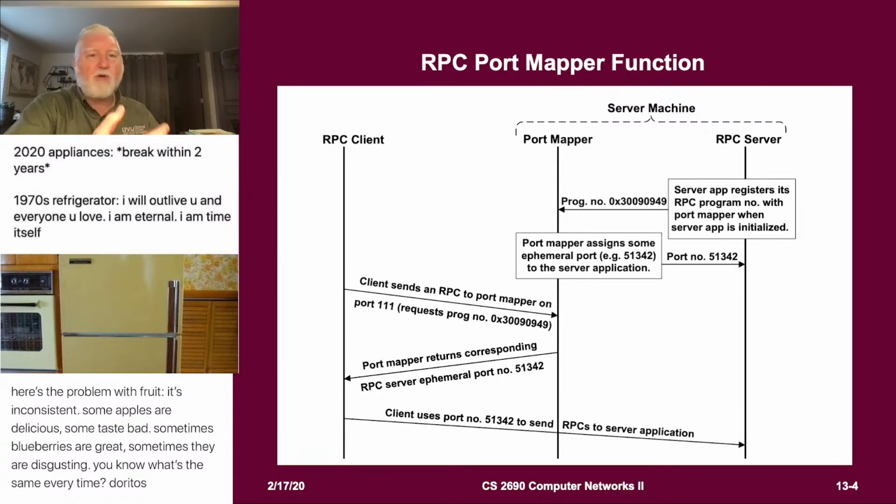I can say, here's the program I'm trying to talk to, and the port mapper hands me back a temporary port and says, use this one for this RPC call. It'll then use that, and that'll establish the connection. What you'll notice over and over again is that we just keep dealing with levels of abstraction. This is yet another way of building on top of ports with some other mechanism.